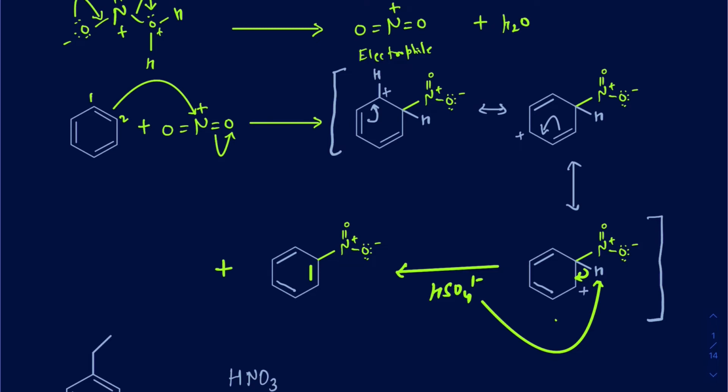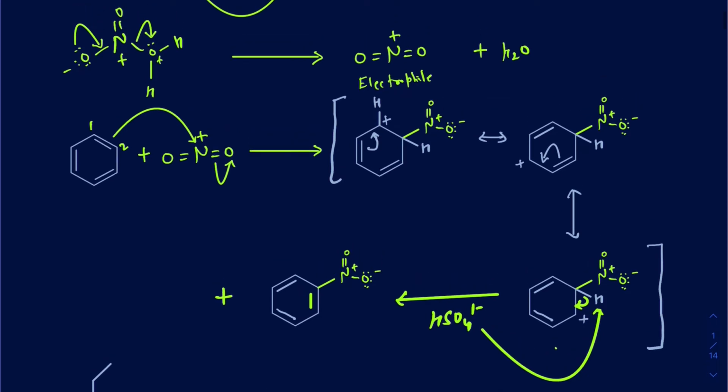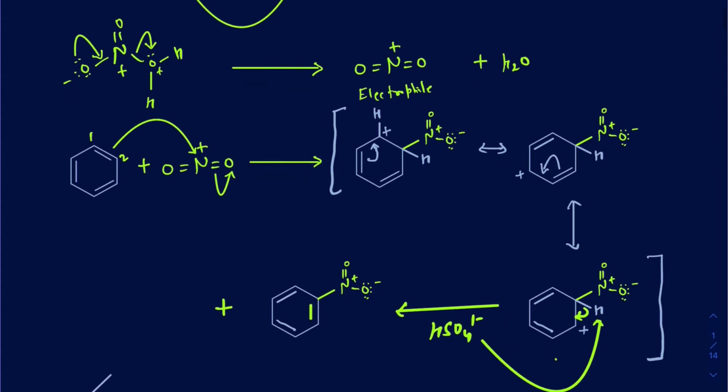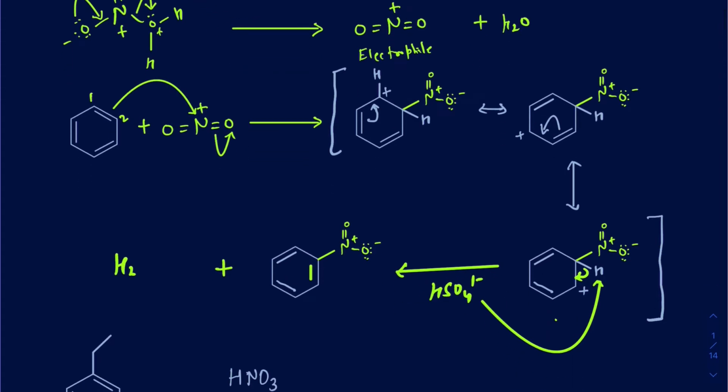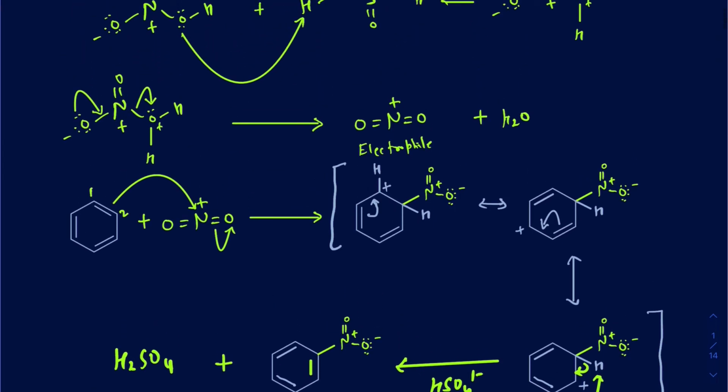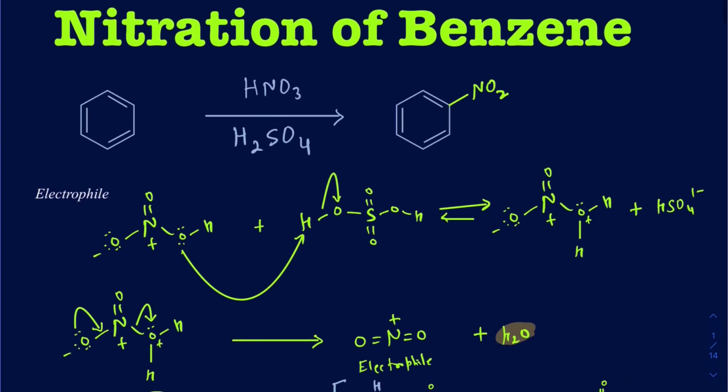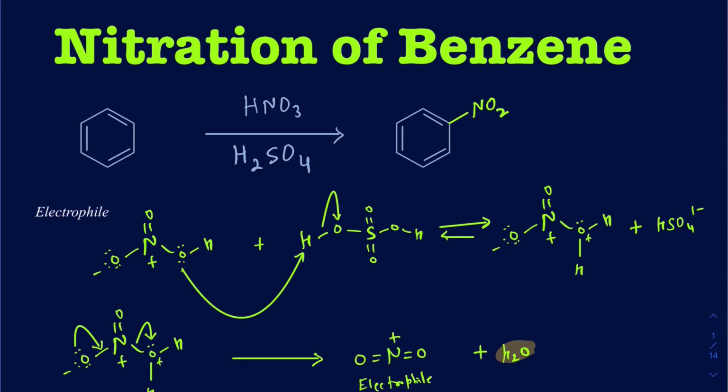And your side product is obviously going to be the hydrogen that came in here, and then you have the HSO4 1 minus, so you will be retrieving your sulfuric acid because it's a catalyst, so you must retrieve that at the end of the day as well. So technically the side product was water, if you think about it, but then sulfuric acid was regained back. So this is how you do the mechanism of nitration of benzene.